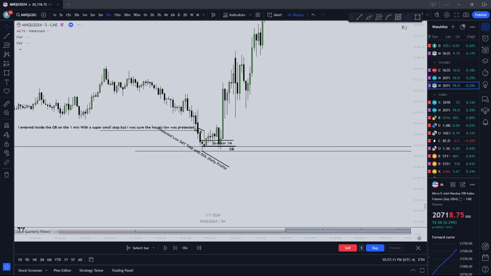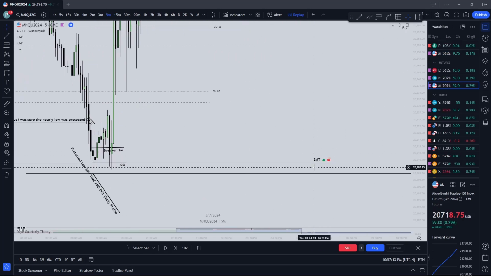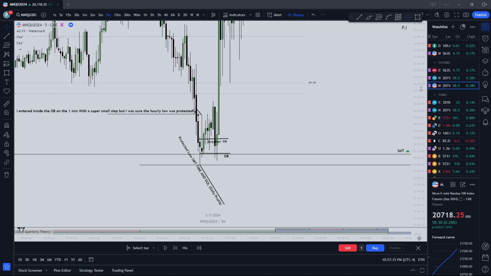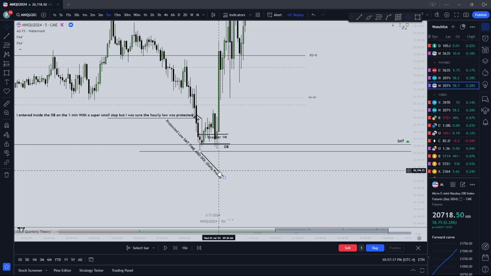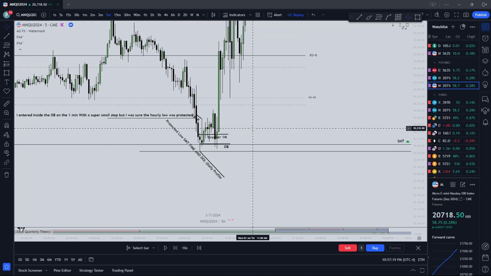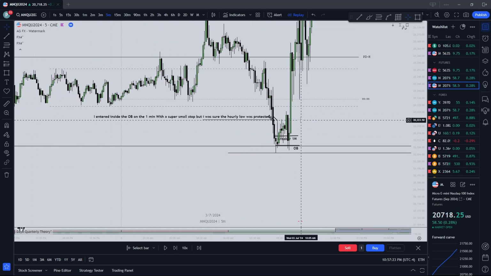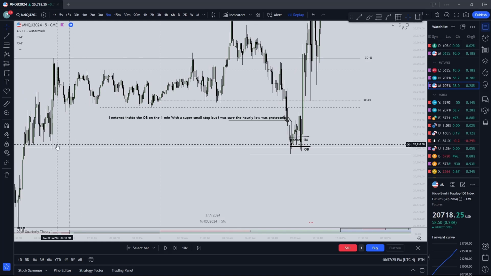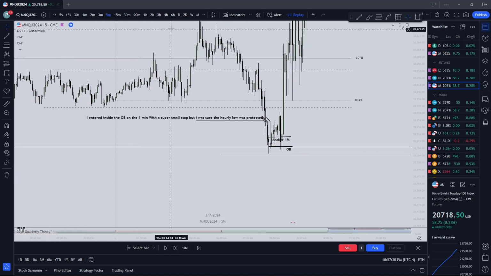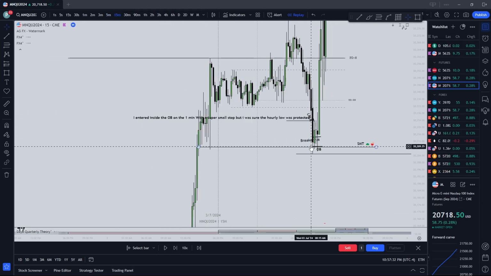Coming into the 5-minute here, we see our SMT as well as our protected low from our SMT time and our daily profile. We see our low that we swept here on the 5-minute, as well as closing back within the range on the 5-minute and the 15-minute.